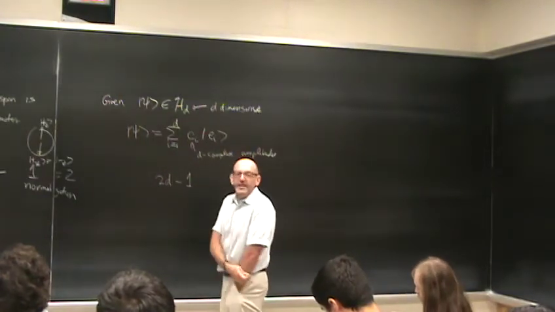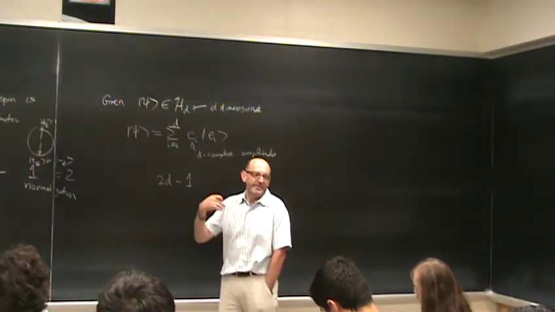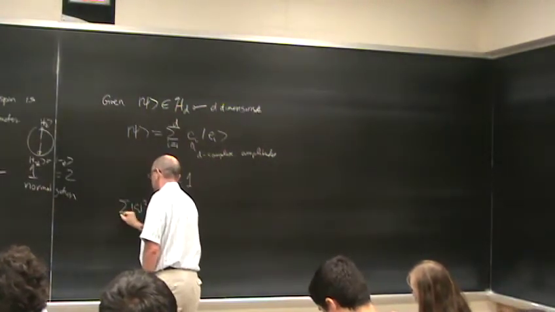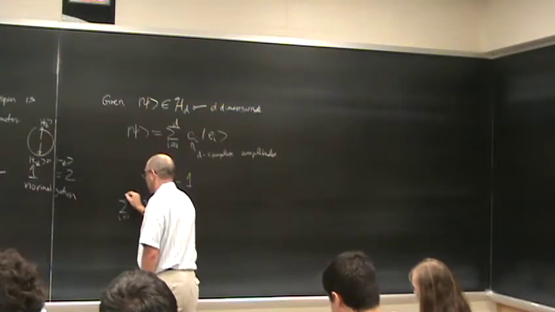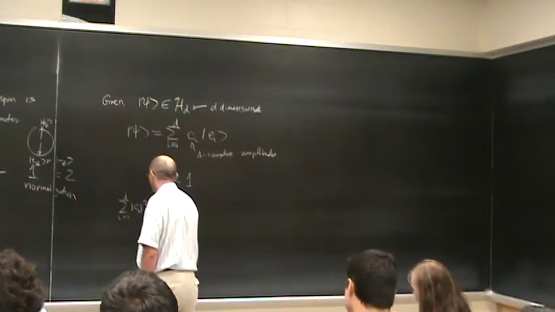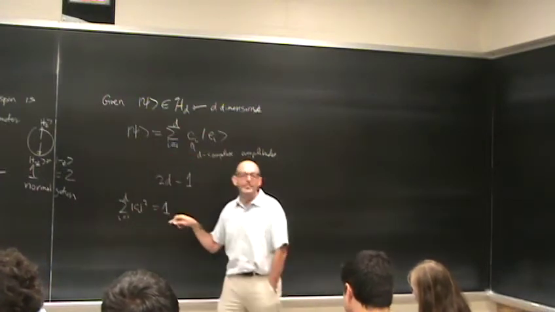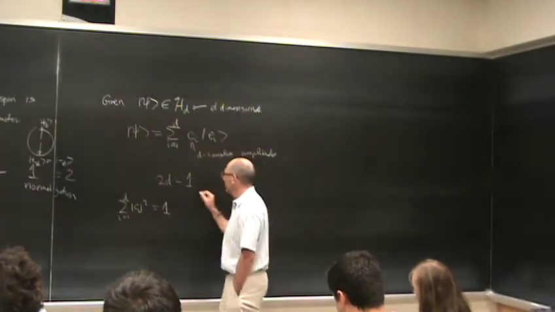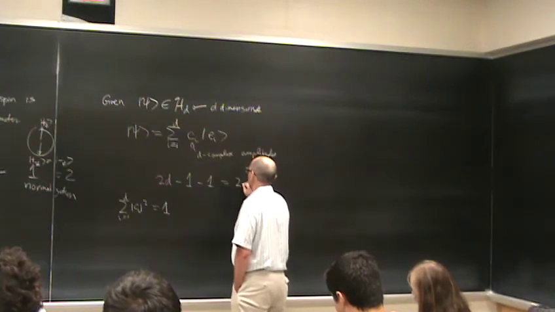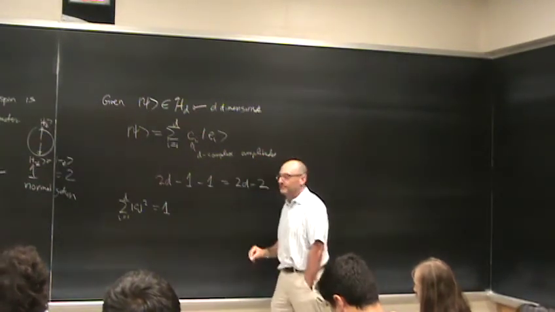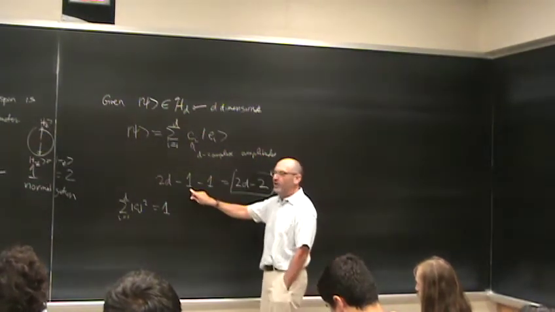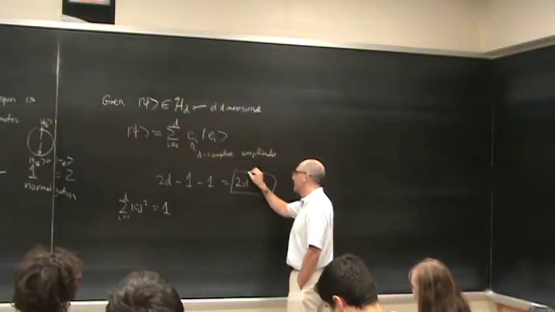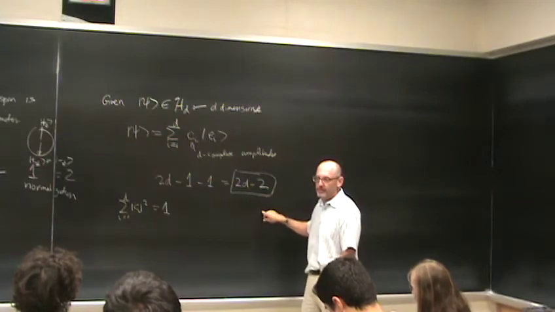And I also have normalization, which means that all of these have to add to 1, so one of the magnitudes can be expressed in terms of all the others and removed. That's D minus 1, so it's 2D minus 2. The overall phase is irrelevant, and this is normalization. So for the case of spin 1/2, D was 2, this was 2.